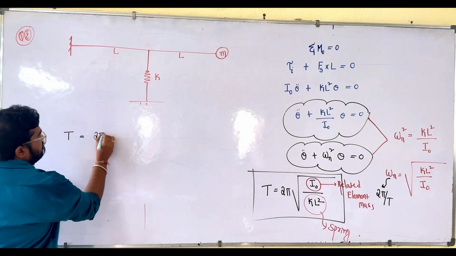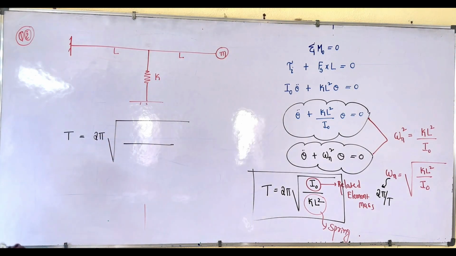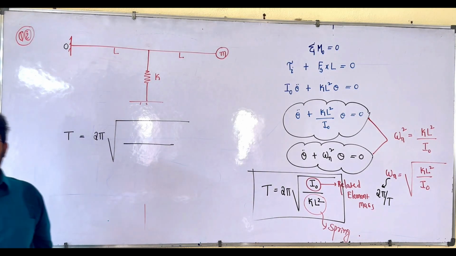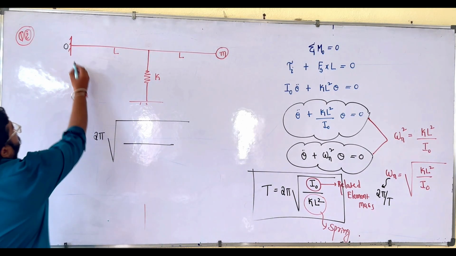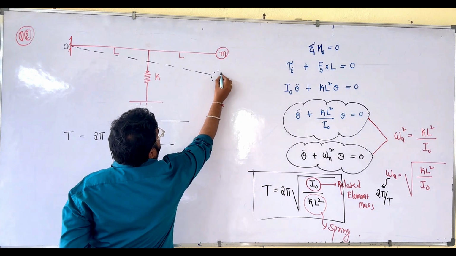T equals 2 pi square root of. What is the numerator? You are giving disturbance about which point? O point.